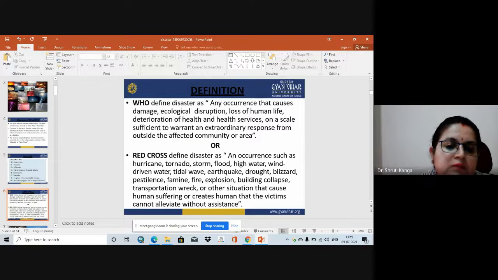Then the Red Cross also defines disaster as an occurrence such as different disasters. You may name them: hurricane, tornado, storms, floodings, high water, wind-driven water, tidal waves, earthquakes, drought, blizzard, pestilence, famine, fire. It may be an industrial fire, it may be a forest fire, explosions.